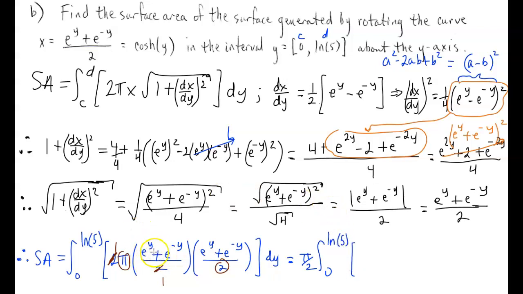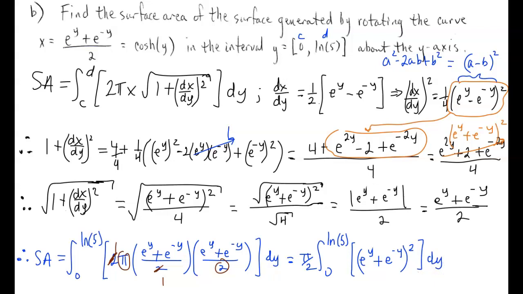And notice that we have e raised to the y plus e raised to the minus y multiplied times itself. And so that's just going to be e raised to the y plus e raised to the minus y, quantity squared. Now, the good thing is that we already know what that is.